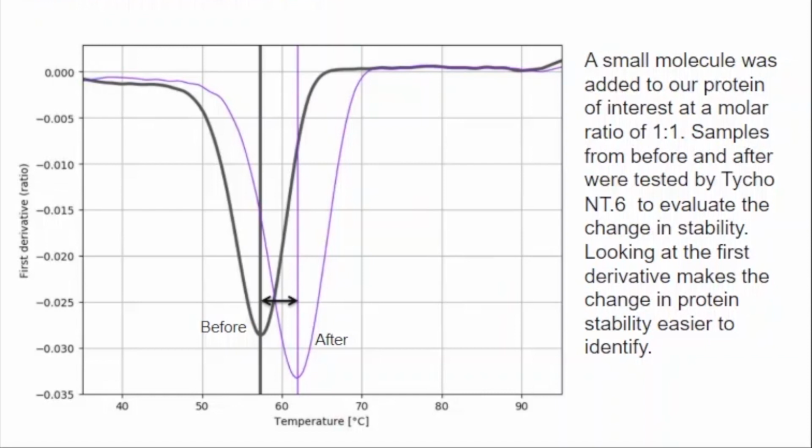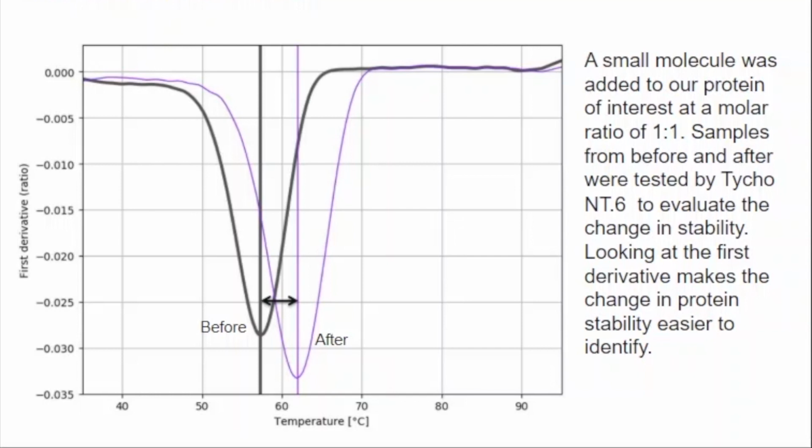And so in this experiment, I added that small molecule to the protein at a molar ratio of 1:1, and then I tested those samples before and after the addition of that small molecule on the Tycho to look for changes in stability. As you can see here in this first derivative graph, the black line is before the addition of that small molecule, and the blue line is after the addition of the small molecule.